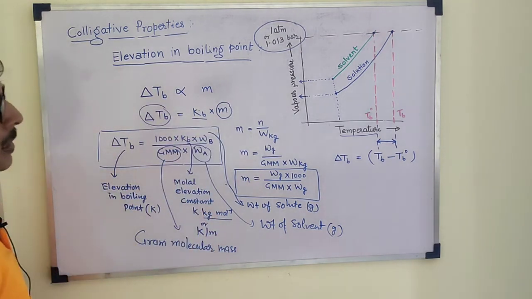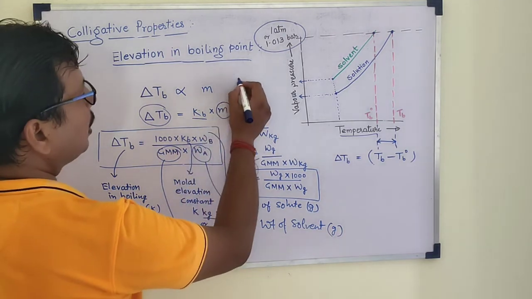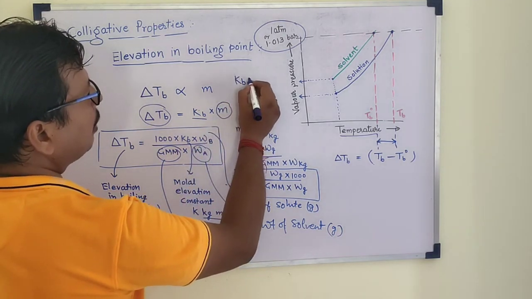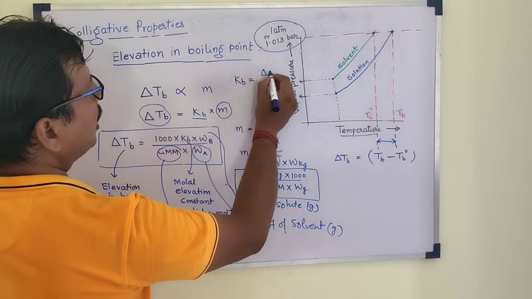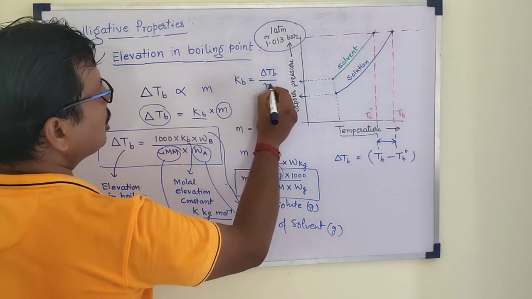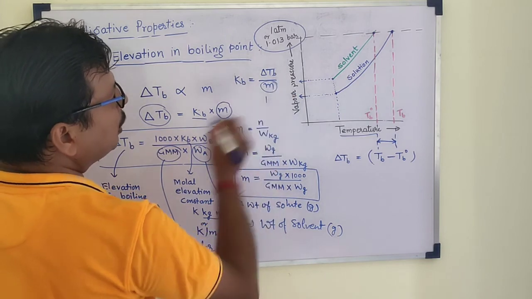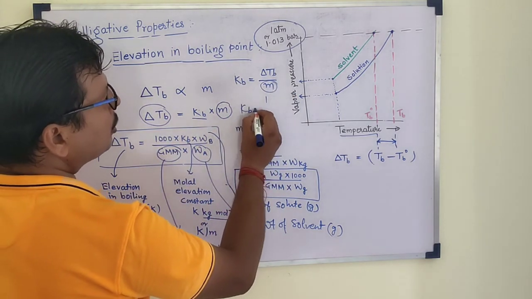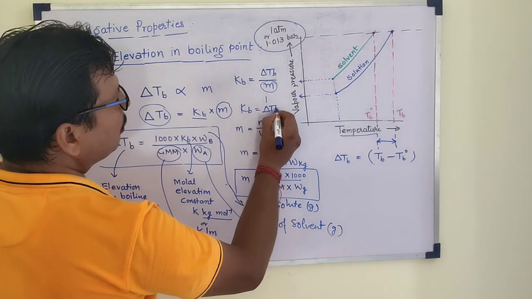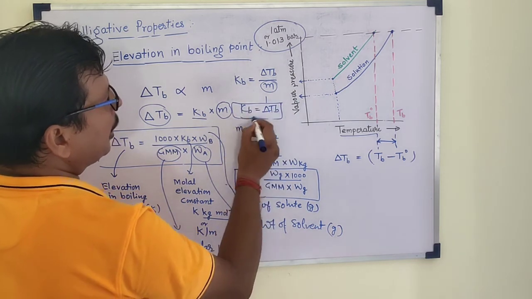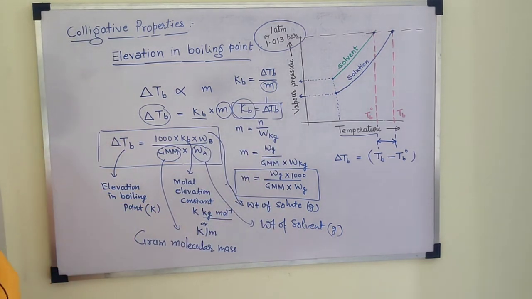Sometimes it may be asked in your examination, what is Kb? So Kb is delta TB by m. M means molality. If you take the molality as unity, then Kb is equal to delta Tb, the elevation in boiling point.